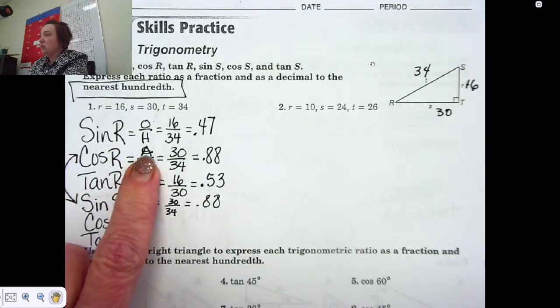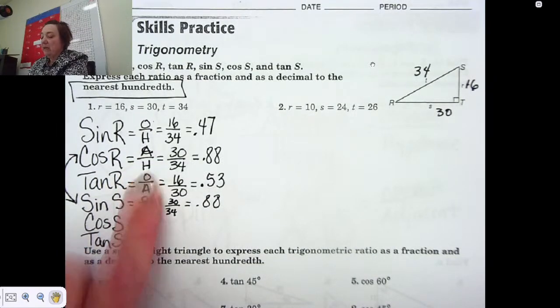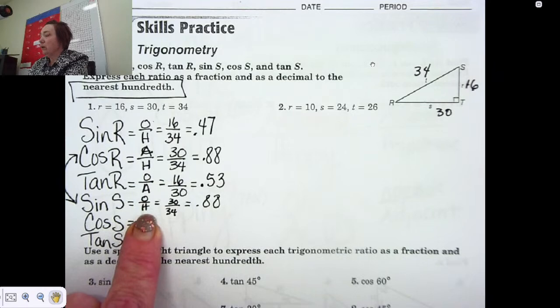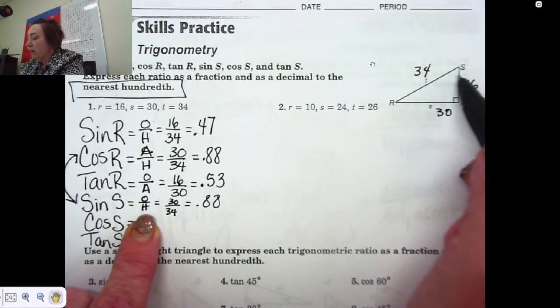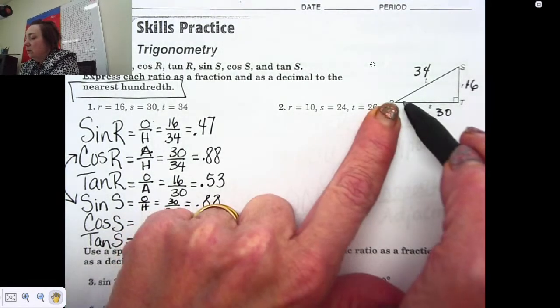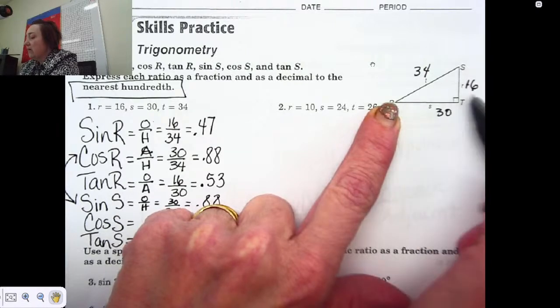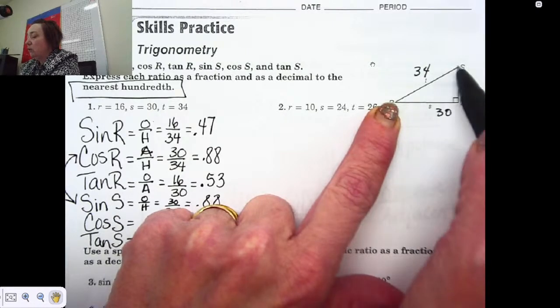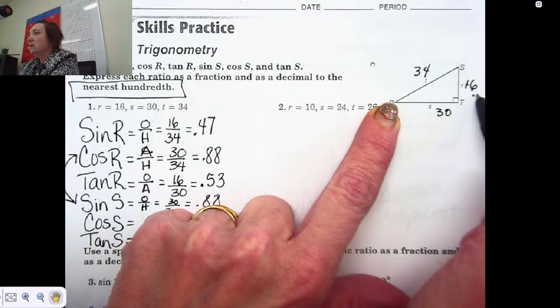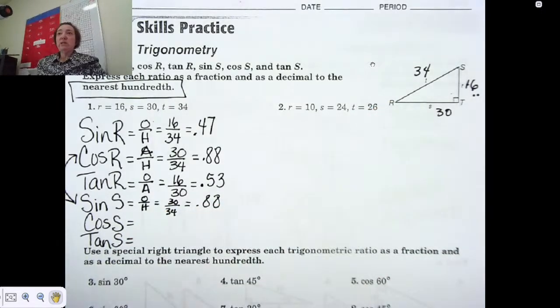Remember, cosine is adjacent over hypotenuse, and sine is opposite over hypotenuse. And if we're talking about angle R, the opposite side is 16. But if we're talking about angle S, the adjacent side is 16. So that side 16 is opposite for one, but adjacent for the other. Do you see why they're the same? Because you're still working with the same side.